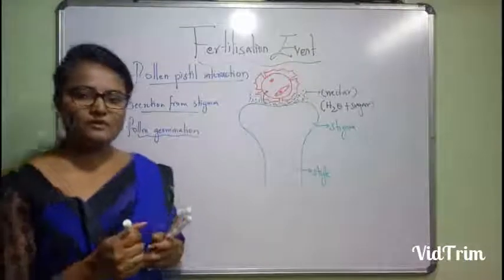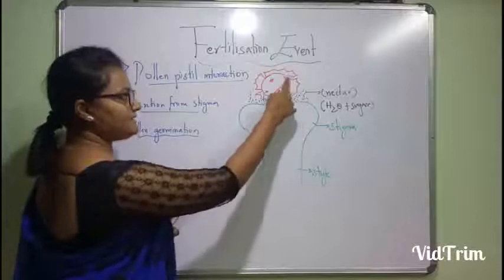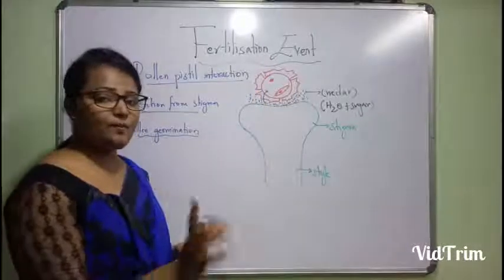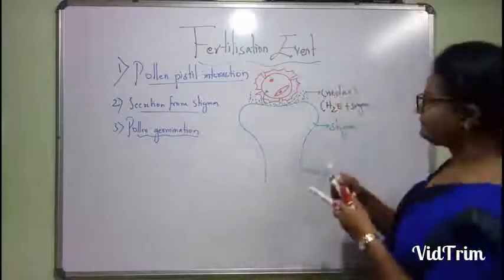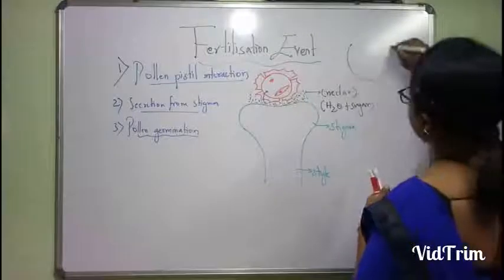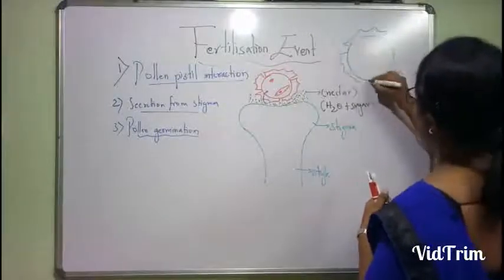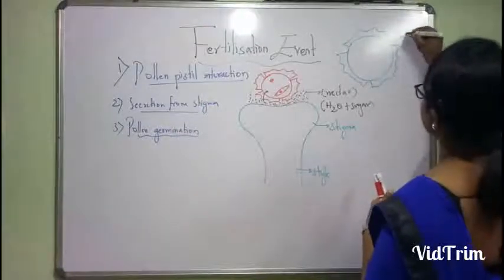What do you mean by pollen germination? We know there are some gaps in the exine wall, which we call germ pores. We'll revise the structure of the pollen grain one more time. This is the germ pore.